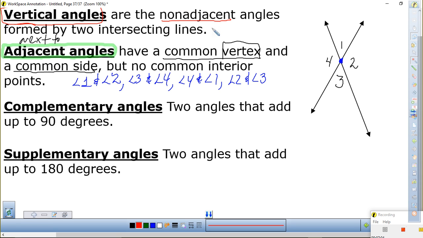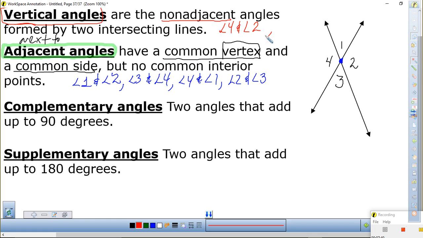You can give me the first set. Anyone? Francesca. Angle 4 and angle 2 are non-adjacent. That is correct. That means that they don't share a side. They do have the same vertex, but not the same side.